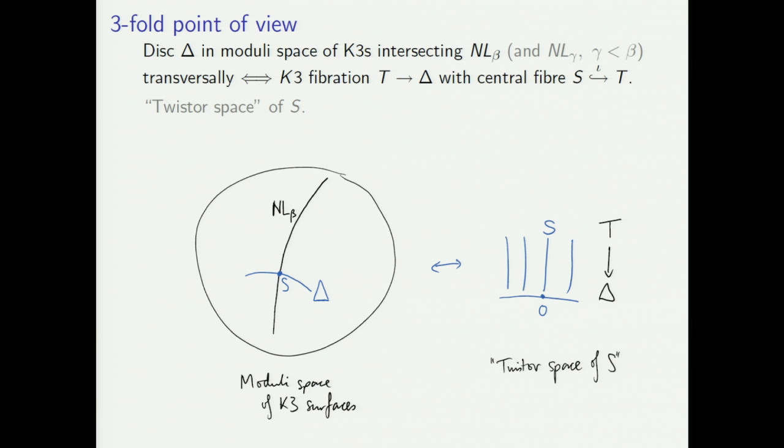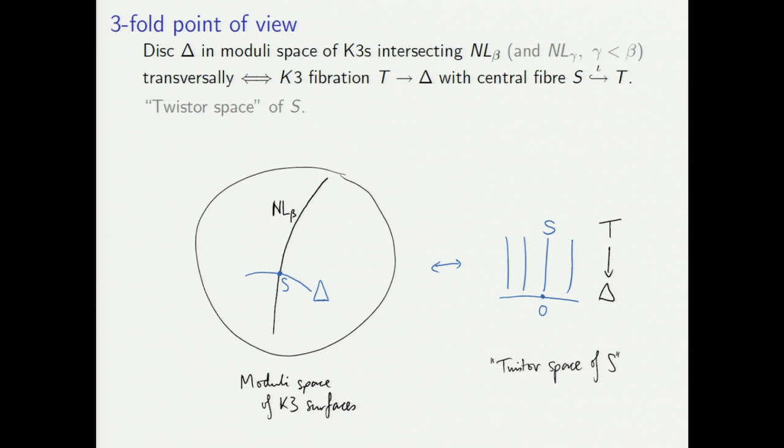So that's some kind of disk or algebraic curve inside the moduli space of K3 surfaces. And now that guy isn't going to fall off the Noether-Lefschetz divisor if you start perturbing it. So what does that correspond to? Well, that's obviously just a threefold, a K3-fibered threefold, fibering over this disk. And so this is the other point of view on what these invariants are.